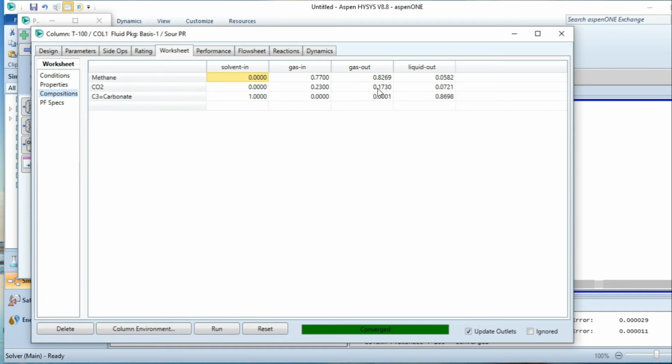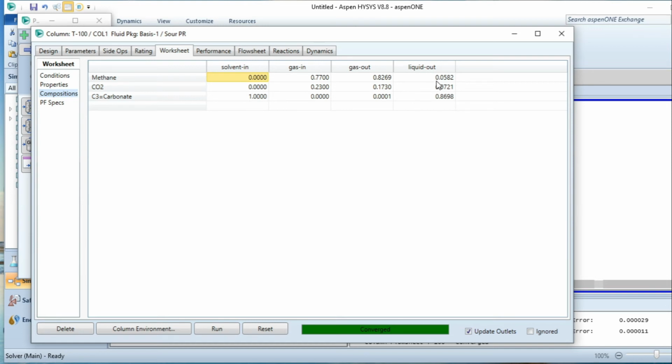For carbon dioxide, I have 0.1730, in terms of percent, 17.30%. Propylene carbonate is 0.0001, in terms of percent, 0.01%. That is the gas out.